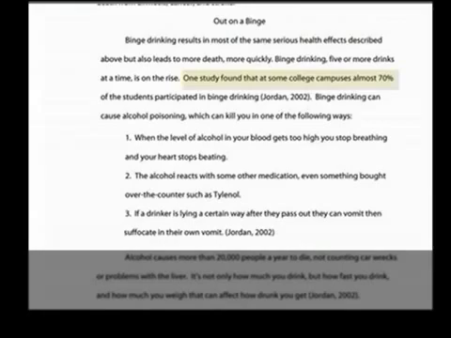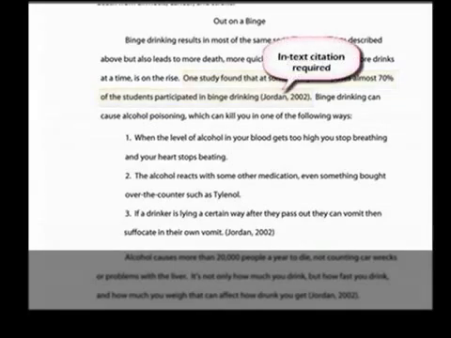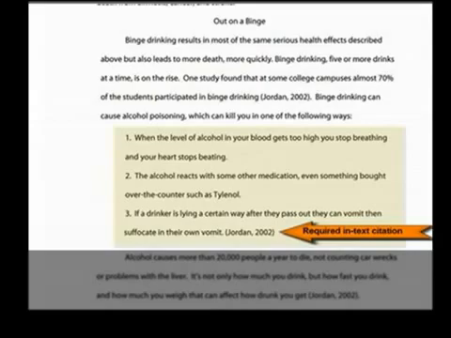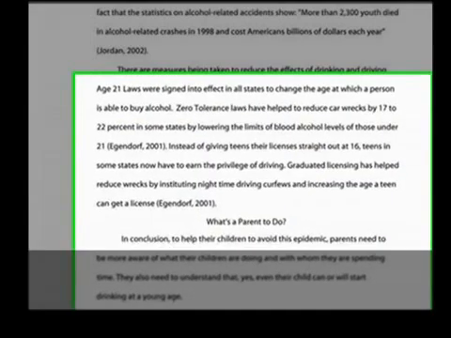Let's see if she does it. One study found that at some college campuses, almost 70% of the students participated in binge drinking, Jordan 2002. That information came from one source, so it's got to have that citation in it. Binge drinking can cause alcohol poisoning, which can kill you in one of the following ways. She lists them and then she cites them.